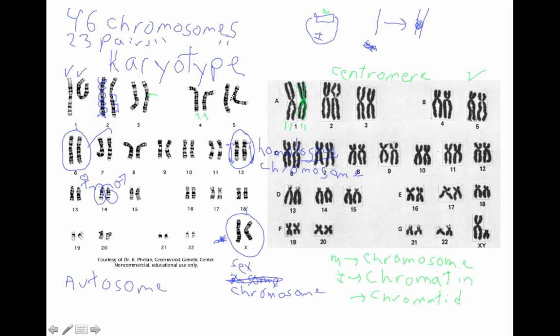So as we're looking at this, now I have another question for you, and that is, as you look at this karyotype, how many chromatids do you see? And on this karyotype, how many chromatids do you see? And over here, on the left side, we have 46 chromatids.